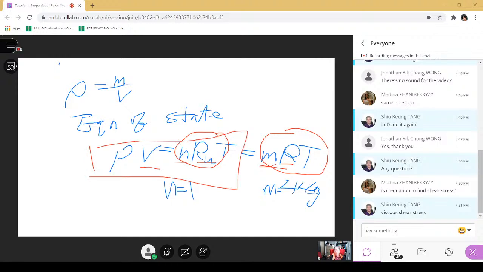You can use the other one, of course, but in that situation you have to calculate the gas constant first, which takes several steps, an extra step to do that. So it's not so convenient. Okay, so we are using these expressions.